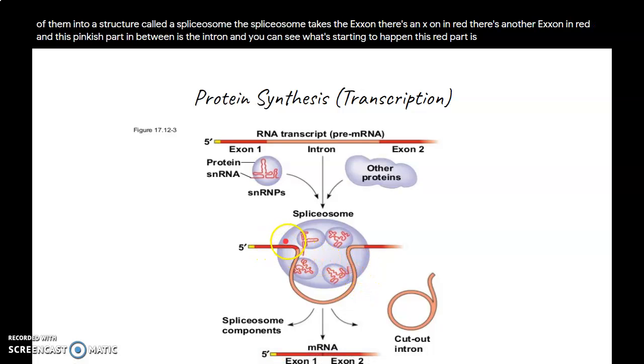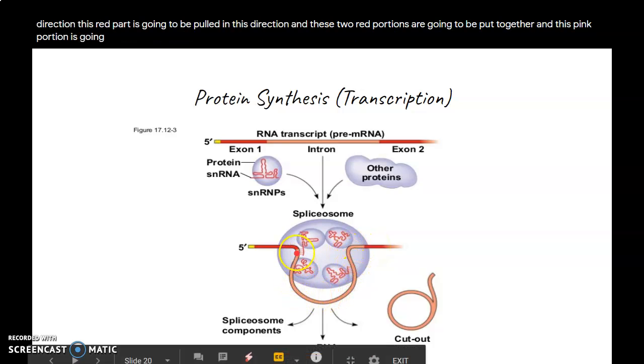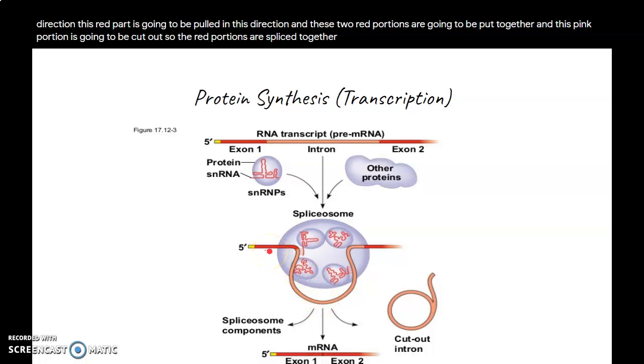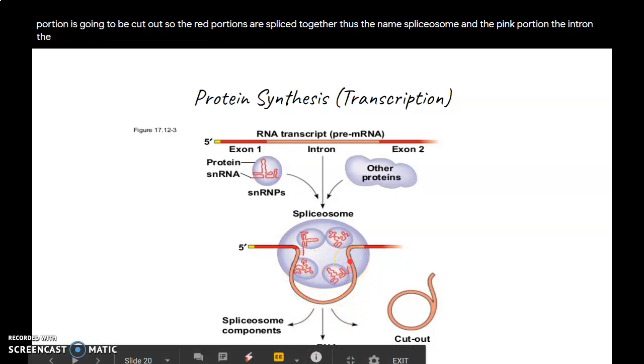This red part is going to be pulled in this direction. This red part is going to be pulled in this direction. And these two red portions are going to be put together, and this pink portion is going to be cut out. So the red portions are spliced together, thus the name spliceosome. And the pink portion, the intron, the intervening portion of it, is cut out, as you can see here, and is gotten rid of.